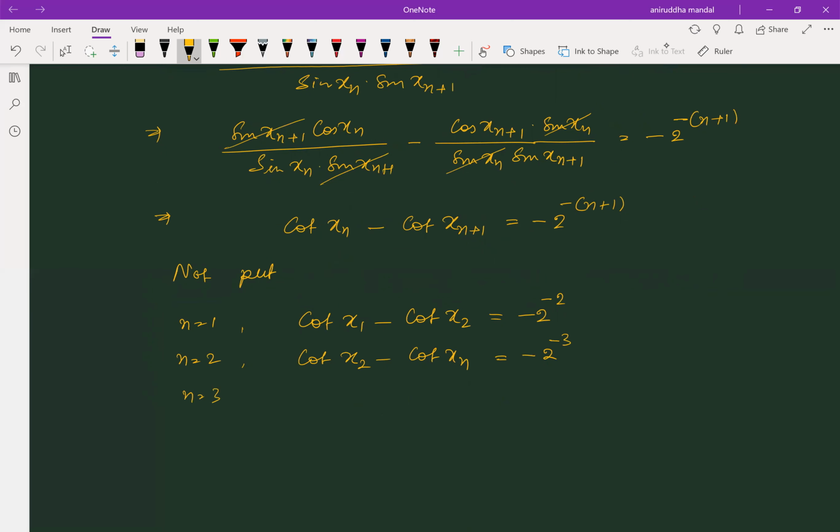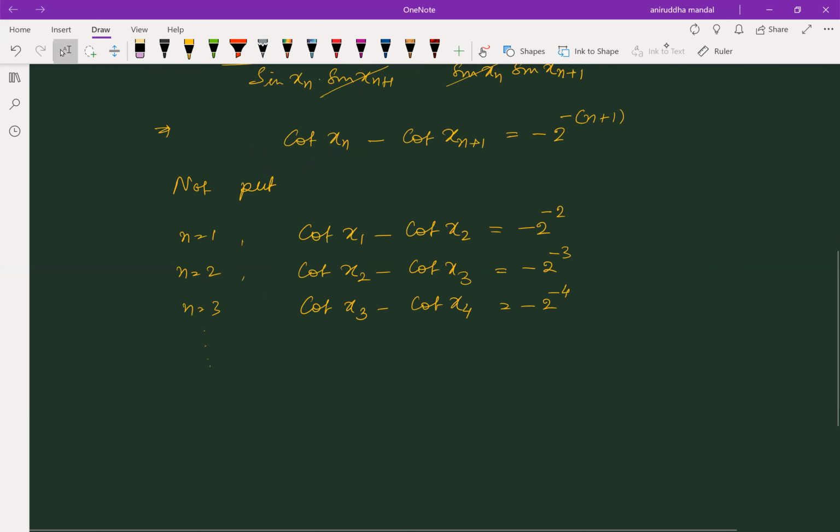Put n equal to 3: cot x3 minus cot x4 equals 2 to the power minus 4, and so on, putting n equal to n, we have cot x_n minus cot x_{n+1} equal to 2 to the power minus (n+1).